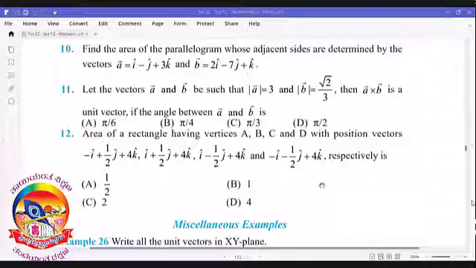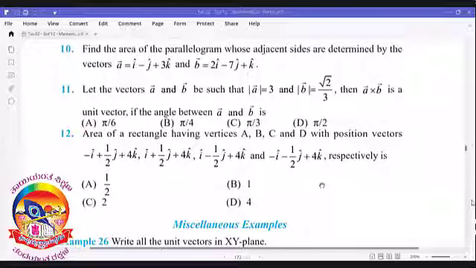Now he asked you to find out the area of parallelogram. How to find out the area of parallelogram? The area of parallelogram whose sides are A bar, B bar is given by mod of A cross B.